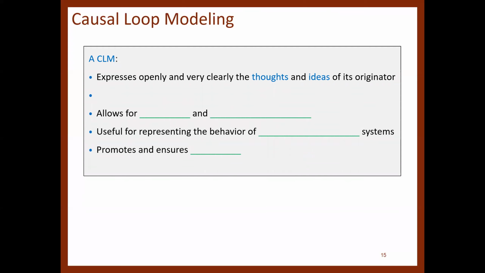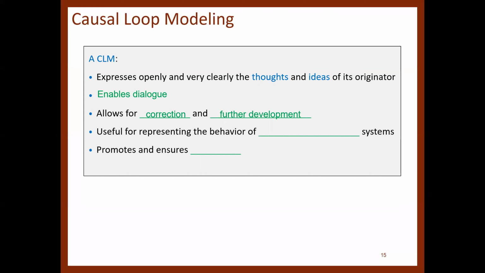A causal loop model expresses openly and very clearly the thoughts and ideas of its originator. Causal loop models enable dialogue. These are tools that are built for brainstorming, and allow for correction and further development.